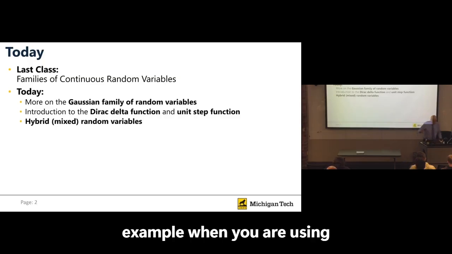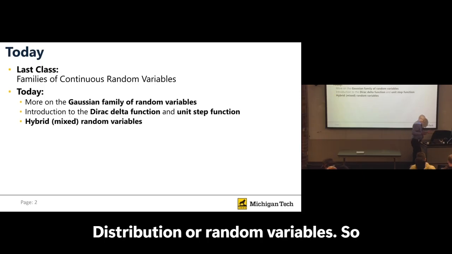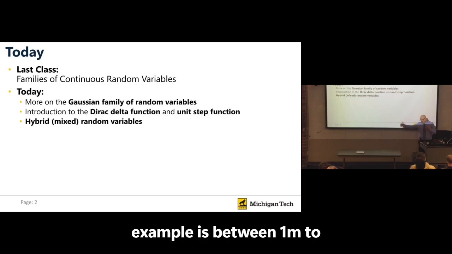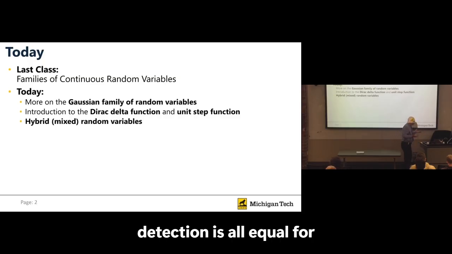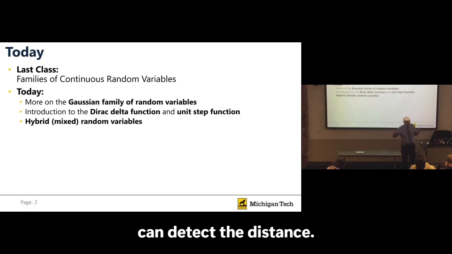For example, when you are using LiDAR or sonar or other sensors that give you distance, you can say this distance x can follow a uniform distribution. It means x is between 1 meter and 10 meter, but the probability of detection is all equal. For example, 80% of the time this LiDAR can detect the distance.